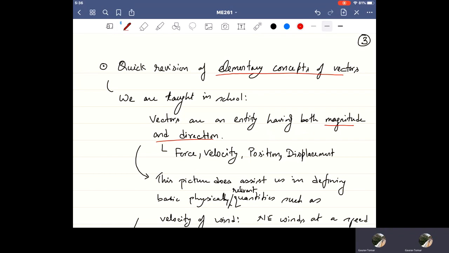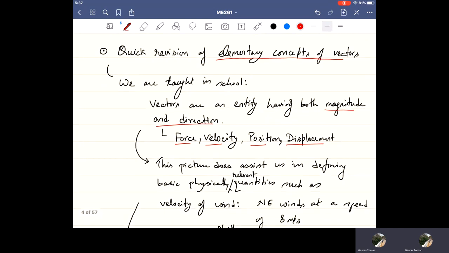They are much more than this. But this definition at least helps us in defining quantities of physical relevance. For example, how to see force, velocity, position, and displacement. These quantities can be conveniently defined by just this particular definition.